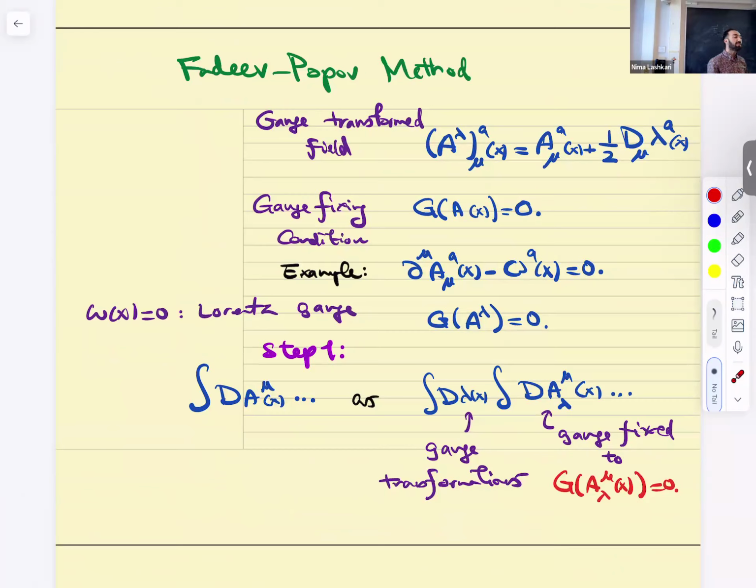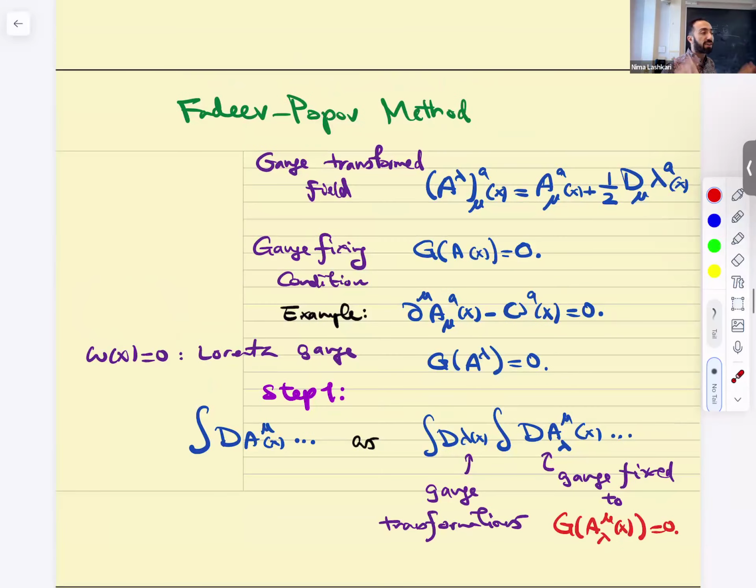I'm going to stick inside the path integral a delta function of g of A, which will impose g of A lambda equal to 0 on every configuration. All right. So are we all good? This omega of x is just a generic choice of gauge. Instead of working with omega A lambda equals 0, which was Lorenz gauge, I'm going to be generic. We're going to see in a second. So before I start, are there any questions about this so far?